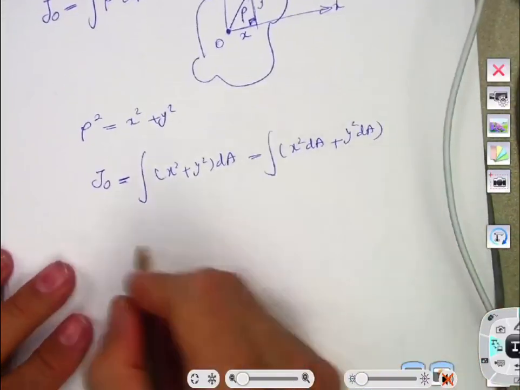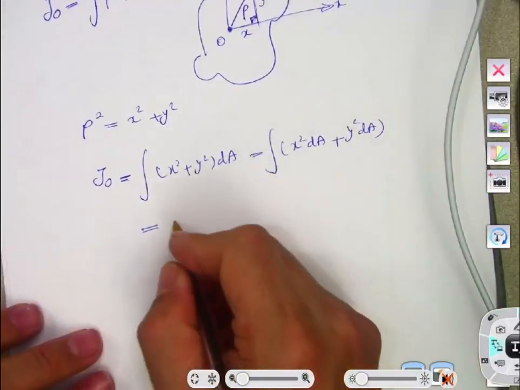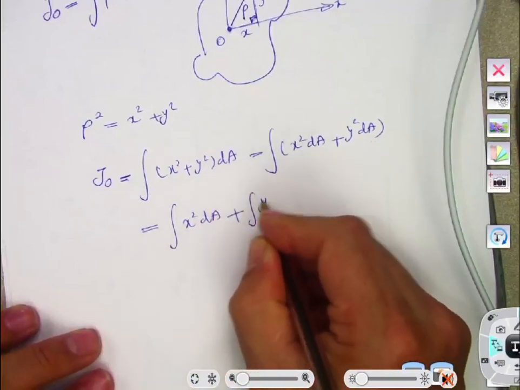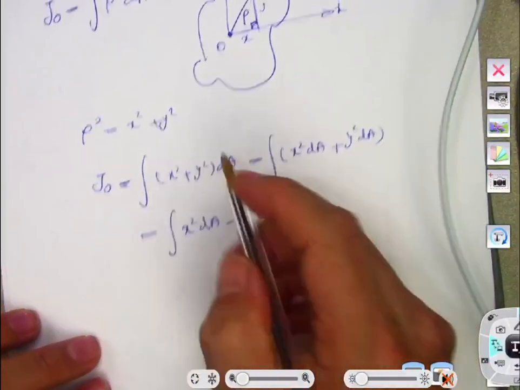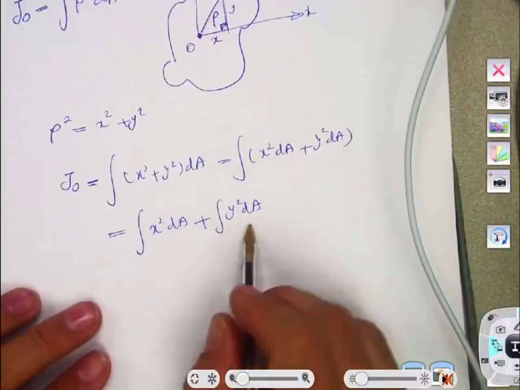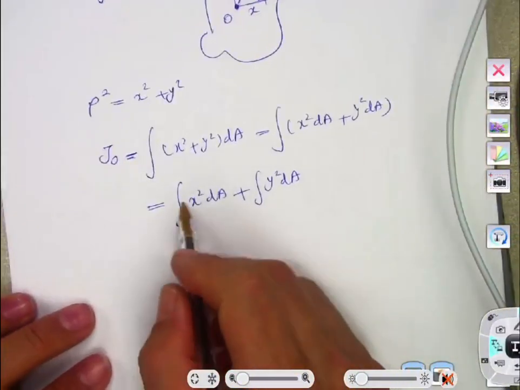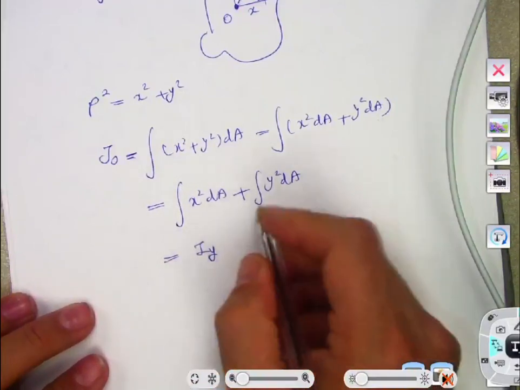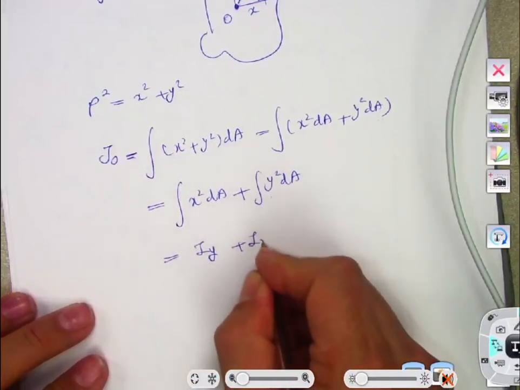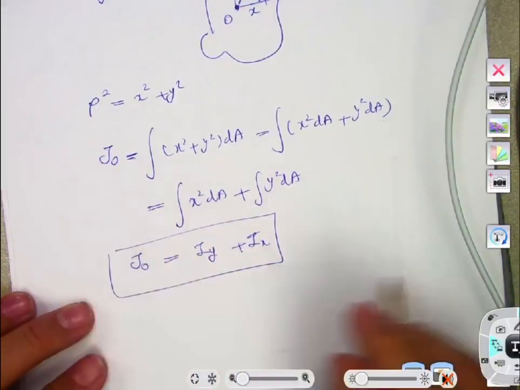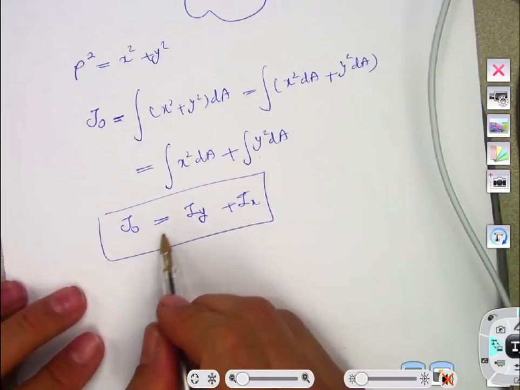And then the integral like this, you can break it like so, right? If this is a continuous area, you can write this. So what is this? This is actually Iy, and this one is Ix. So what I just showed you is that polar moment of inertia.